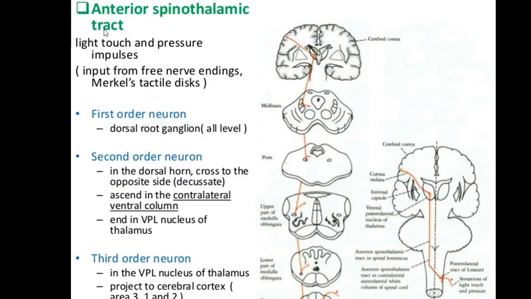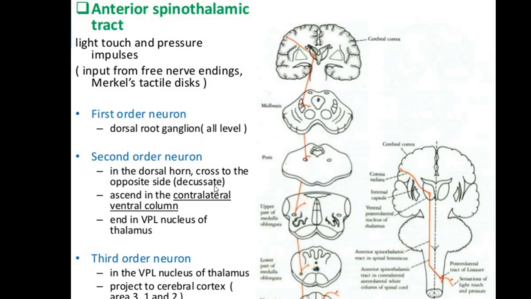Anterior spinothalamic tract. It carries the light touch and pressure impulses. The inputs are from the free nerve endings, that is the Merkel's tactile disc. The first order neurons lie in the dorsal root ganglion at all the levels. The second order neurons in the dorsal horn cross to the opposite side.